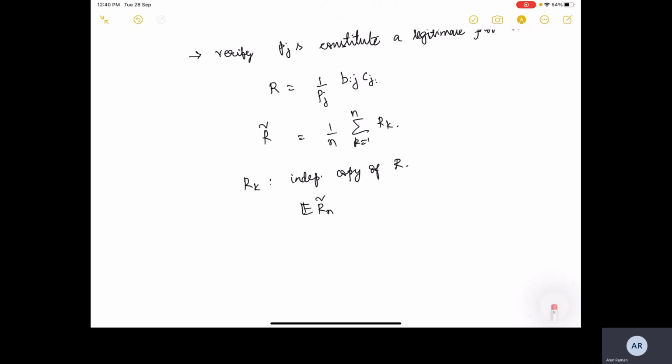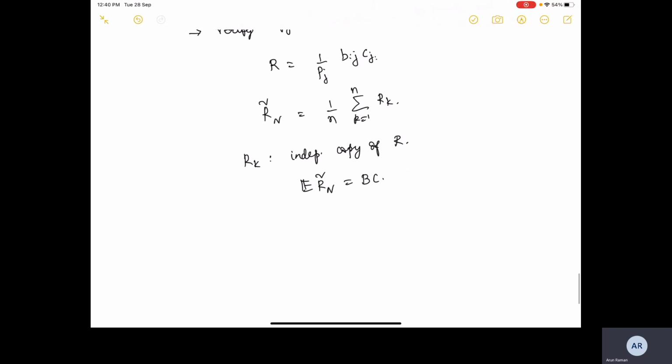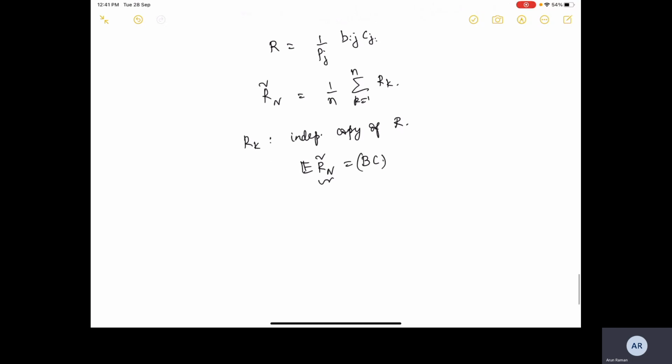I'll just write it as capital N because we will have an index here as well. But we added tilde. Okay, so never mind. These are the semantics. So this was our target matrix, and R̃_N is our approximation. The expected value of the approximation should be equal to our target.